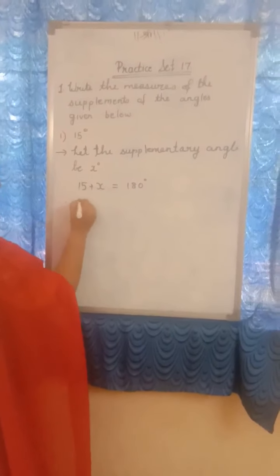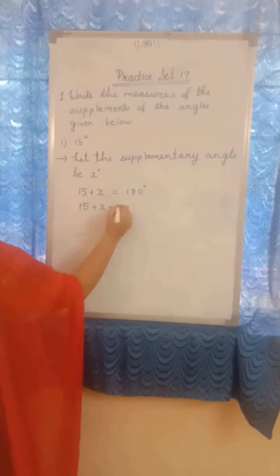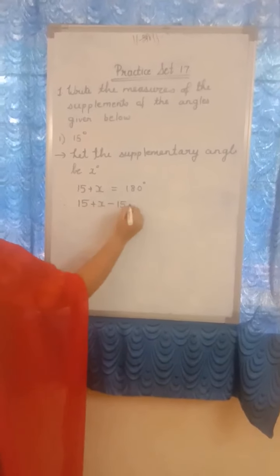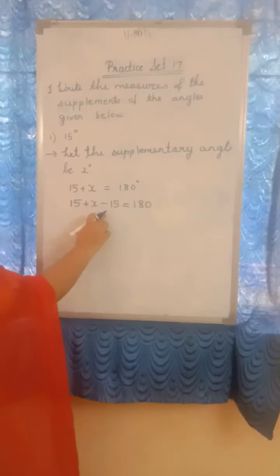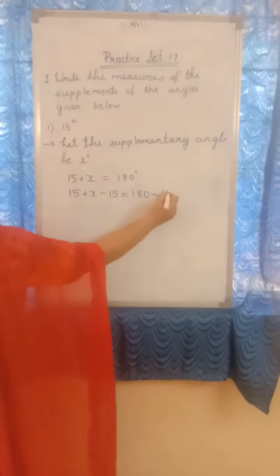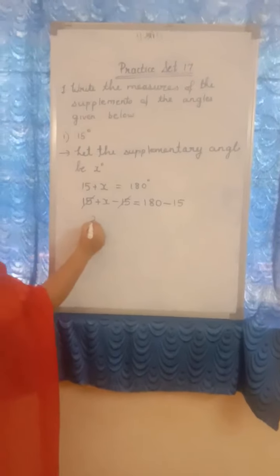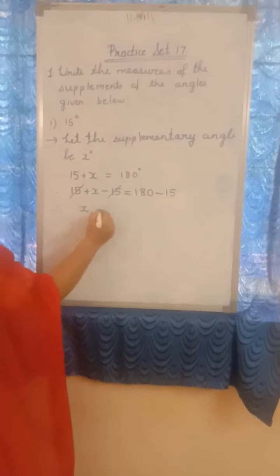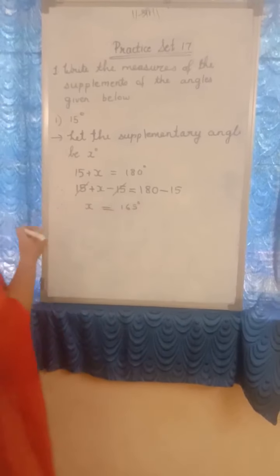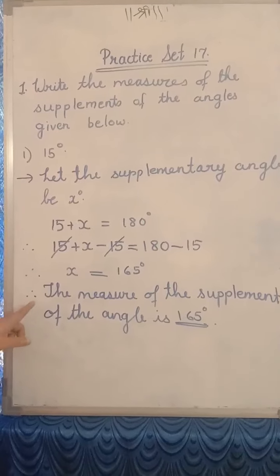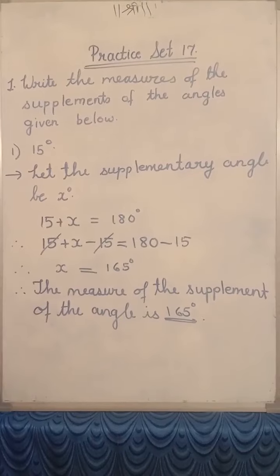First write LHS as it is: 15 plus x minus 15. On the other side 180 degrees, write it as it is. Here you gave minus 15, so the other side also you give minus 15. 15 and 15 go. So what remains at your LHS? x. 180 minus 15 is 165 degrees. Therefore the measure of the supplement of the angle is 165 degrees.